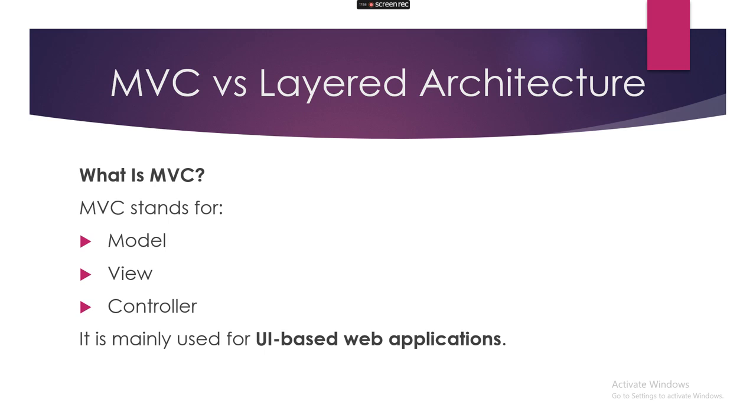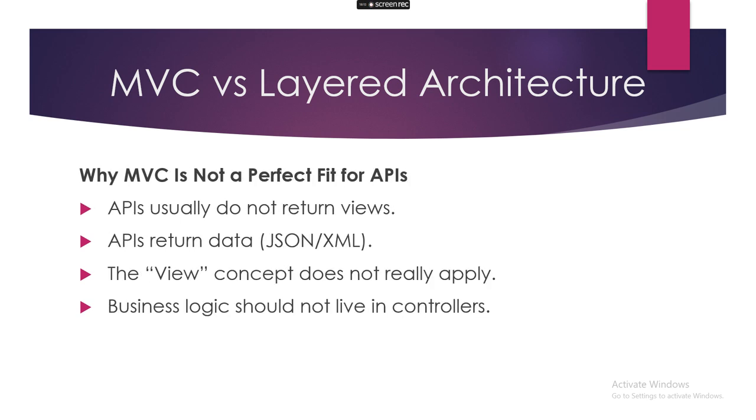MVC stands for Model View Controller. It's mainly used for UI-based applications. When you're building a web application that also has an API backend, yes, MVC is used for it. And the API itself has some aspects of MVC that it uses.